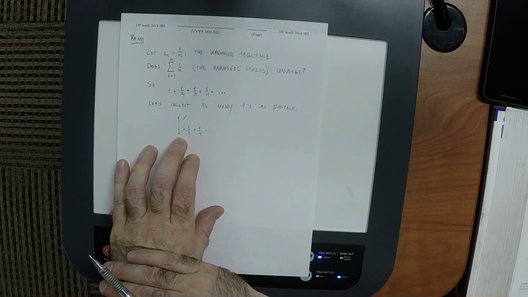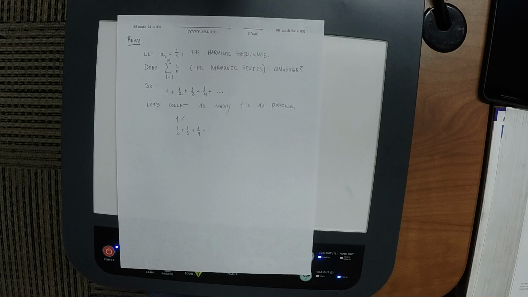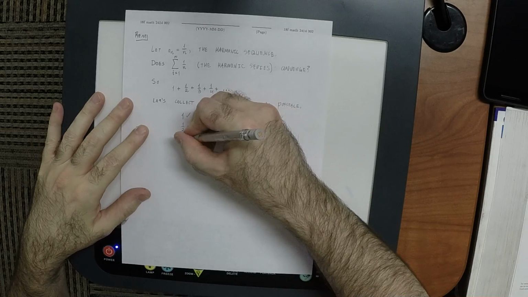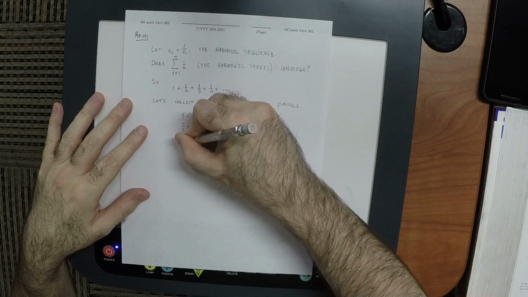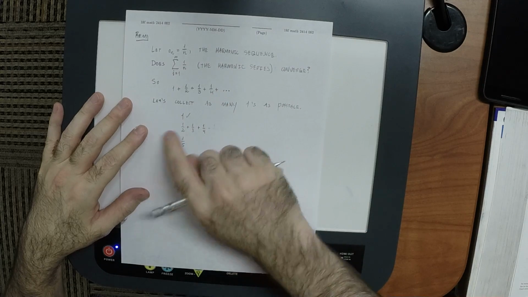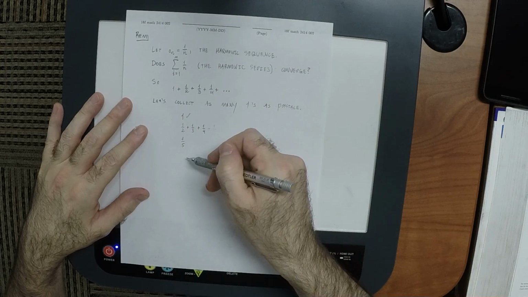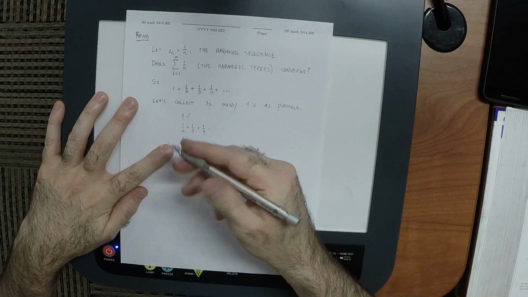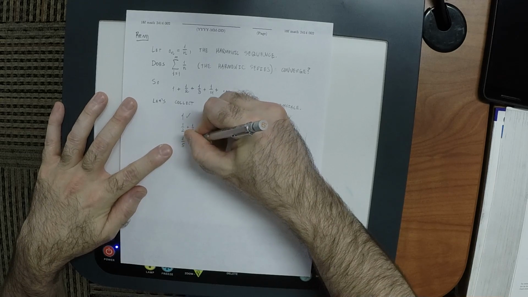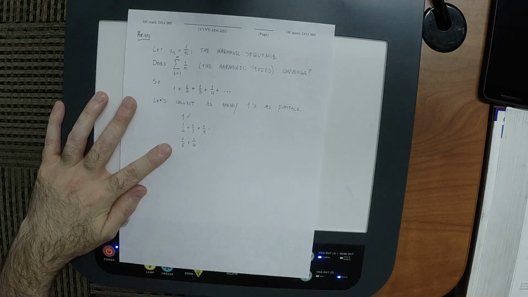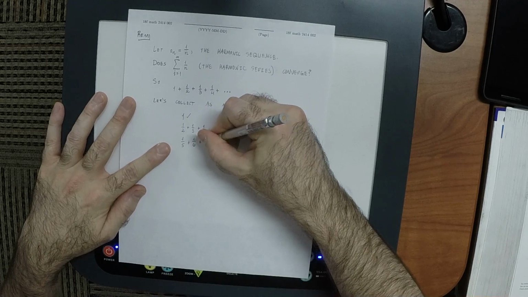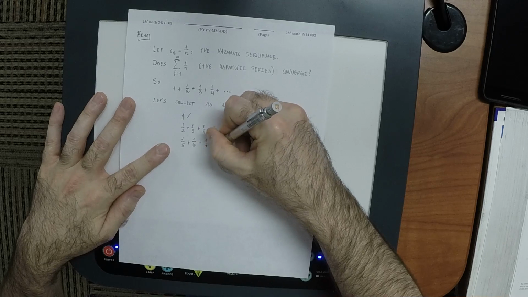What do you think? Let's write some more terms in the sequence. How about a fifth? If I just stop there for a moment and write the next one, a fifth, that's less than 1. So then now I'll take a sixth. Is that 1? No. So a seventh and an eighth.